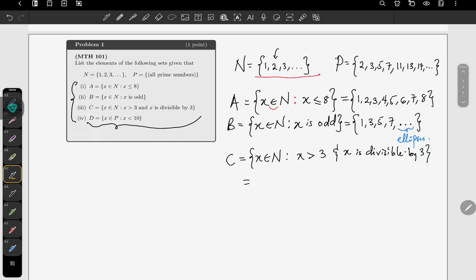So which numbers are multiples of 3? We can list them by saying these are 6, 9, 12, 15, and so on.